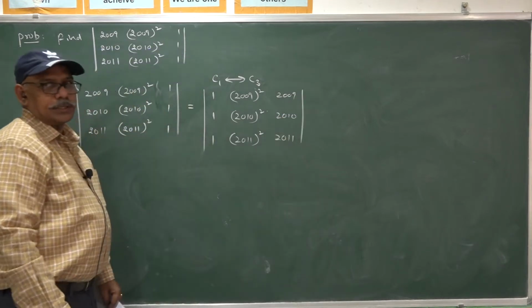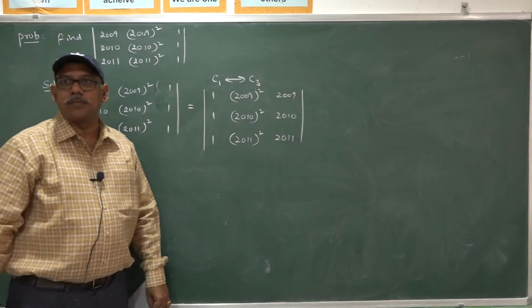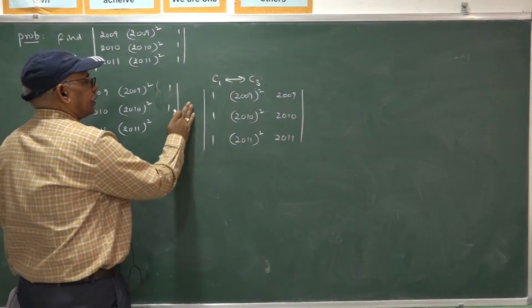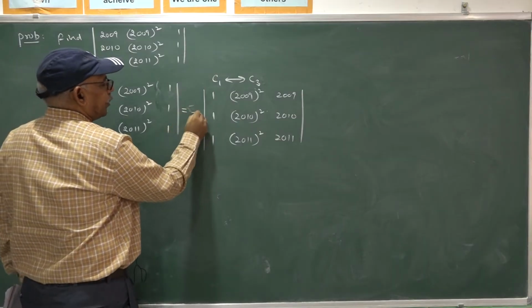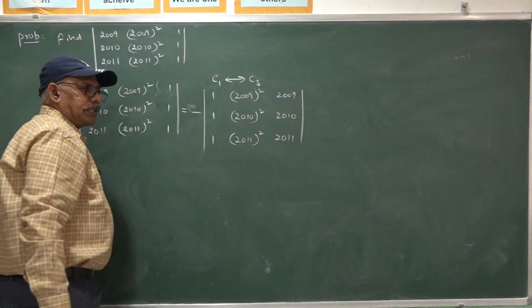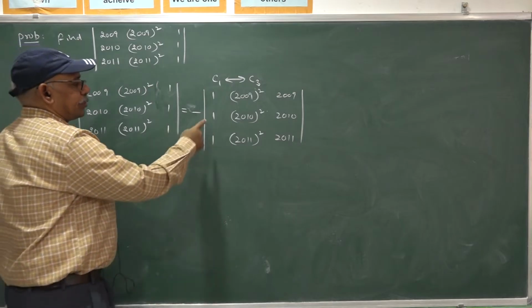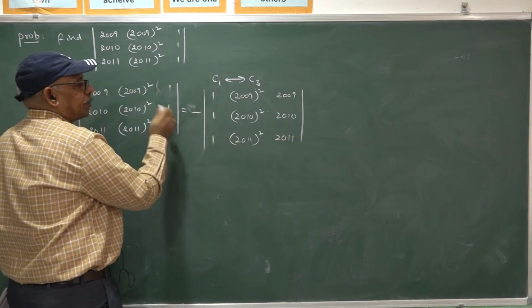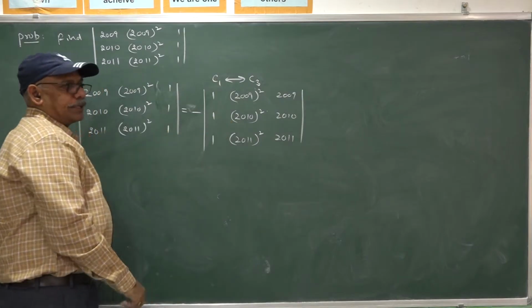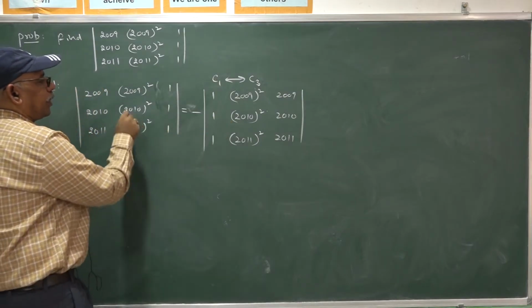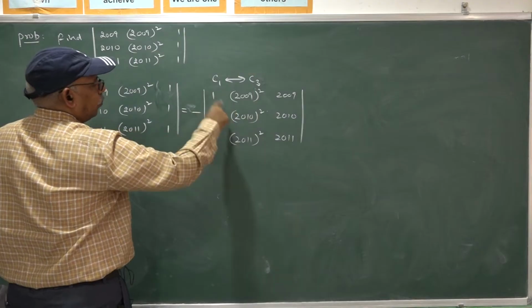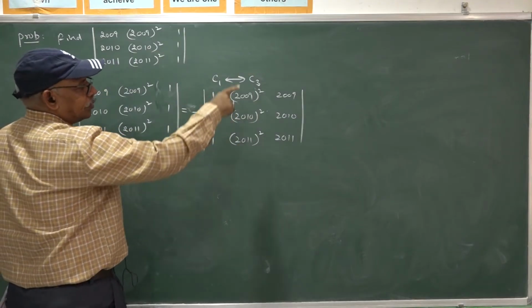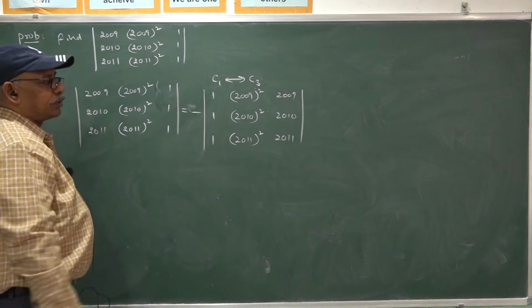But once you interchange any two rows or two columns, the determinant takes a negative sign, because once you interchange these two columns, the whole determinant takes the negative sign. So it becomes minus of 1, 1, 1, 2009 whole square, 2010 whole square, 2011 whole square, 2009, 2010, 2011.